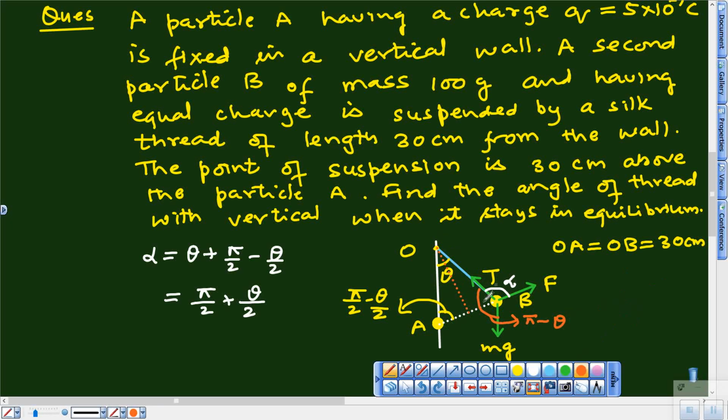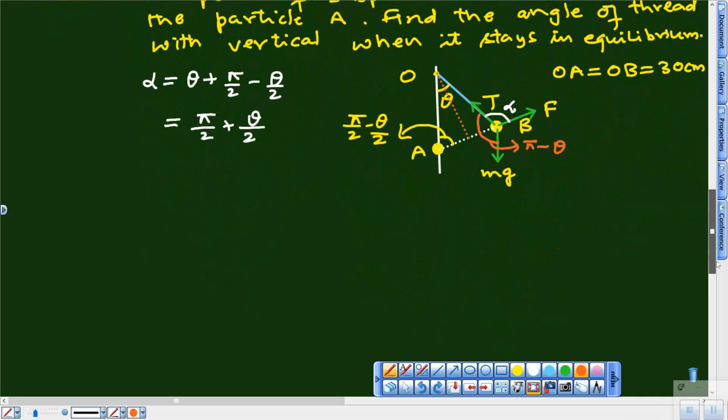Now, having known these two angles, that is alpha and π minus θ, I can apply what is known as Lami's theorem to relate the force and the tension, which will finally render the expression for theta. How? If I draw it separately, this is my force F, this is the tension T, and this is mg.